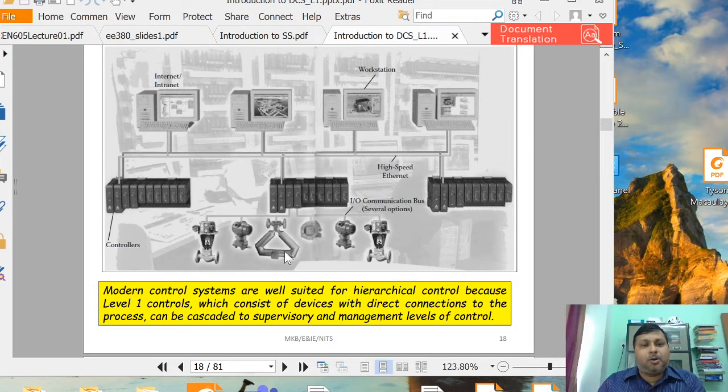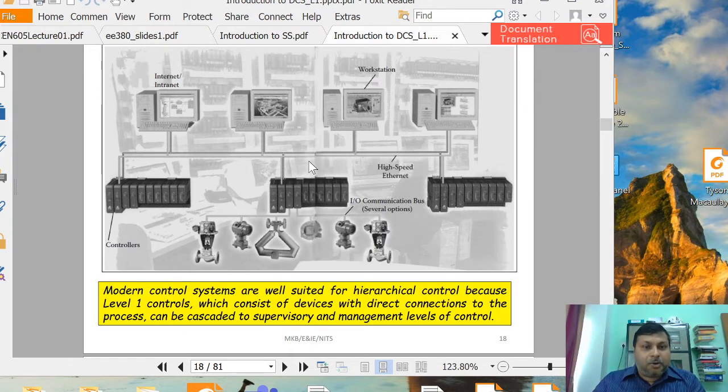Depending on the different control loops, different sensors will be present, and the information sensed by these sensors is given to the controllers. At the next level, the controllers are connected through the IO communication bus, and you can observe that these devices are connected to the controller through a bus.